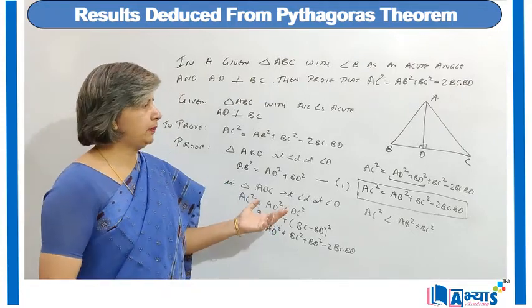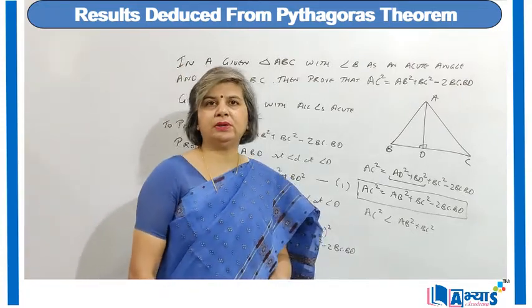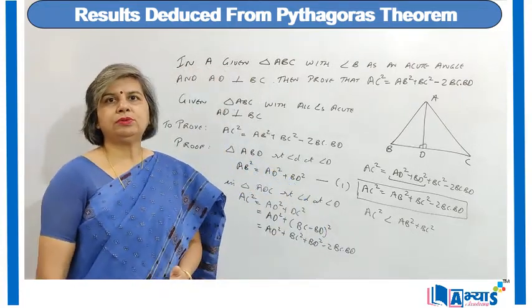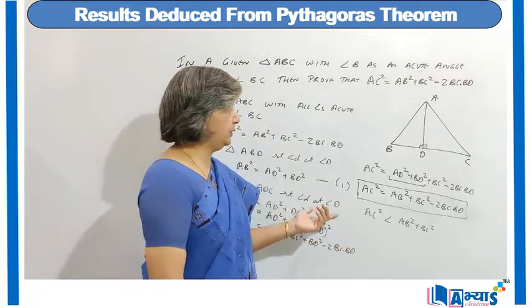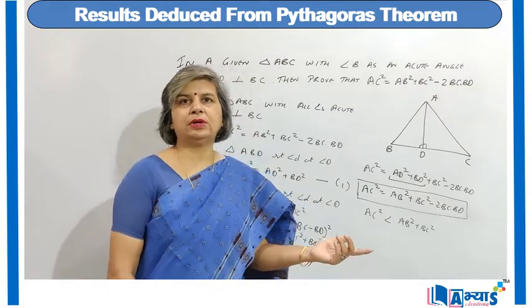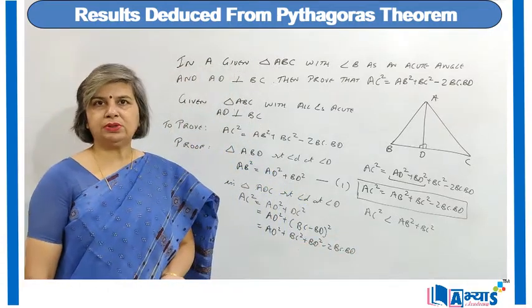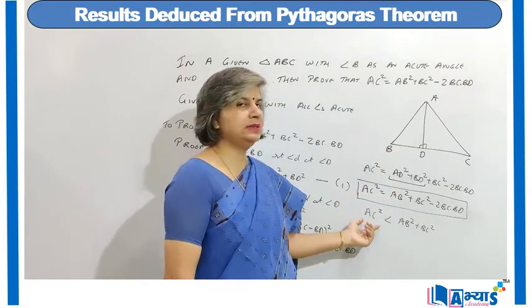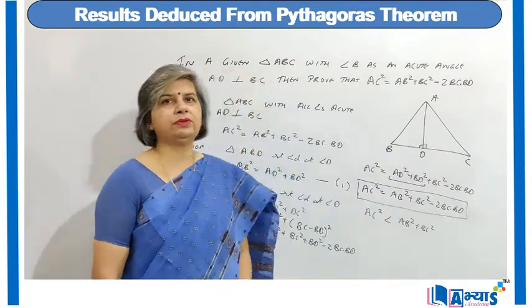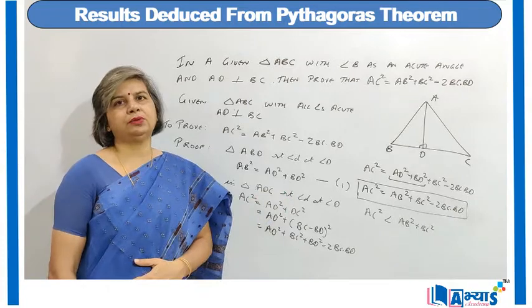So the basic Pythagoras theorem states that the square of the hypotenuse is equal to the sum of the squares of the two sides. In the obtuse angle triangle, we proved that the square of the longest side is greater than the sum of the squares of the two sides, but in this case the square of one side is less than the sum of the squares of the two sides, because it is an acute angle triangle.